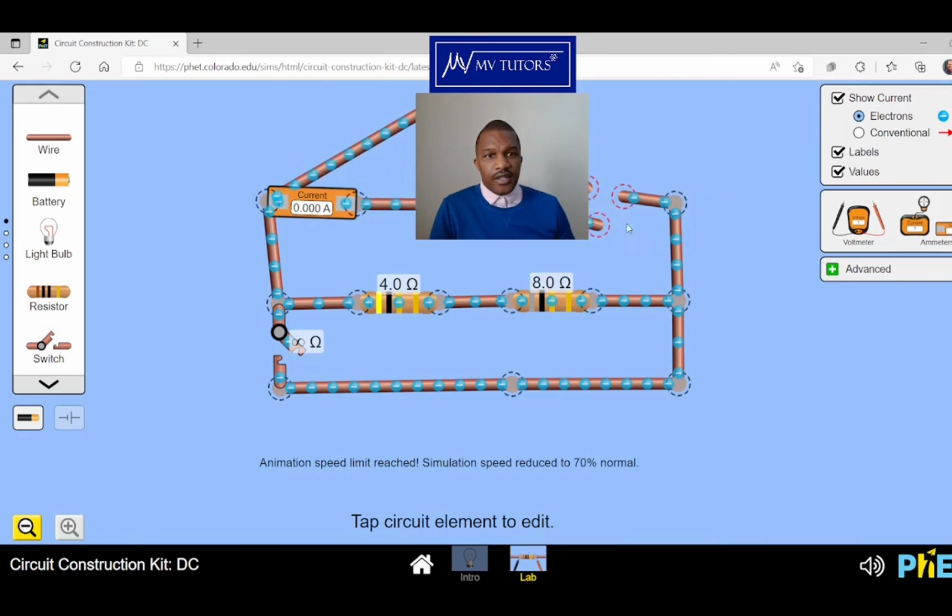Let me cut that. No, these are the electrons. You can see they're charged. So what happens when I connect, the electrons are moving slowly right now, but as soon as I connect, look at the electrons there, they speed up, and the speed heats up the wire and the battery.